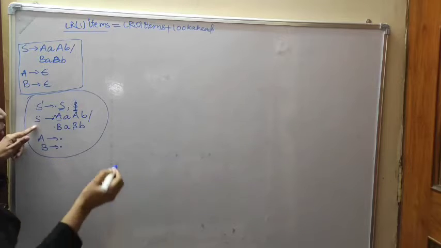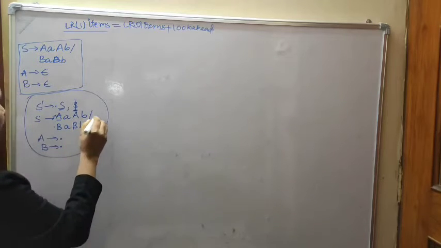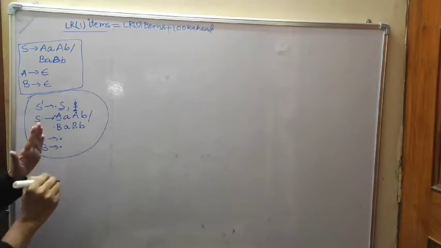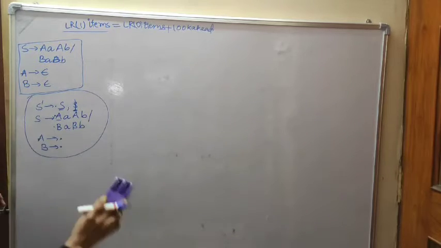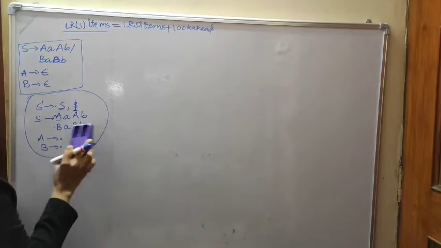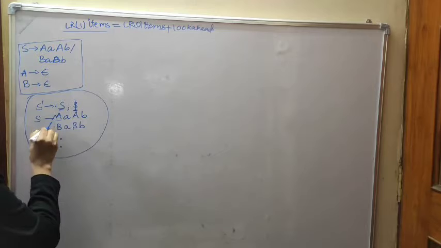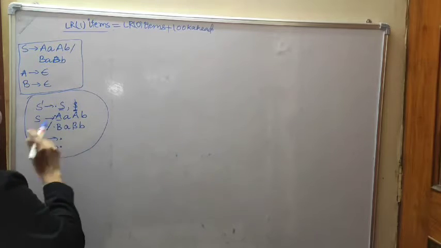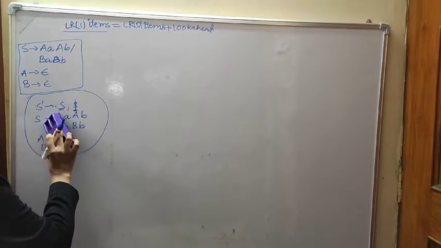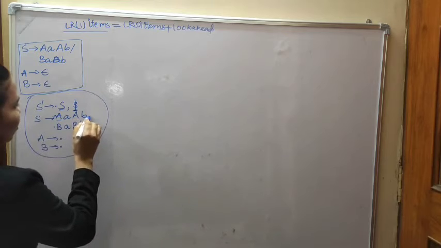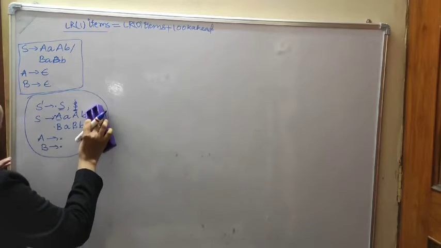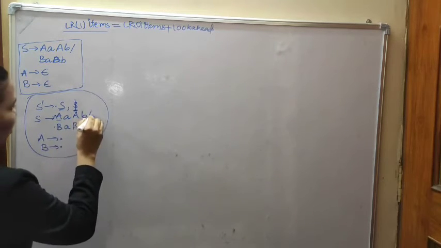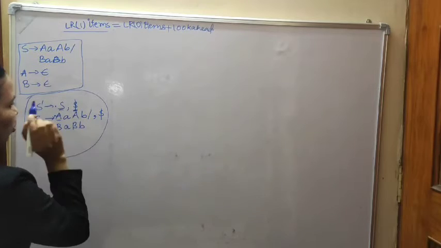Dollar. The first of dollar is dollar. Sorry, this is comma dollar.